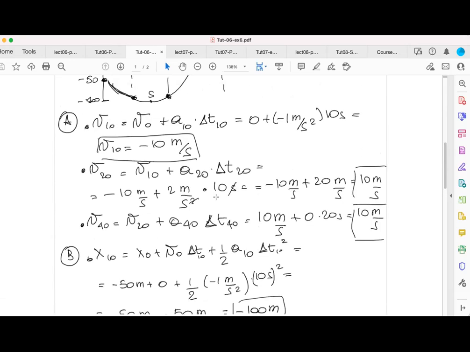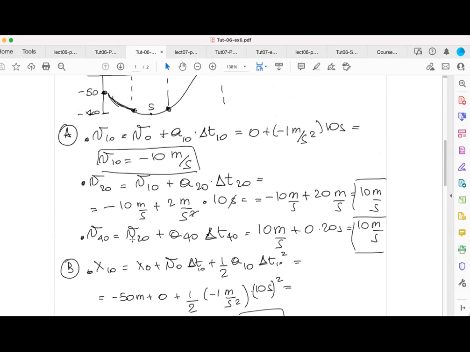So in this case, we have V20 plus the acceleration at 40, which we know is equal to 0 because we say that it's constant, multiplied by delta t. Delta t this time is going to be 20 seconds. So we write 10 meters per second plus 0 that multiplies 20 seconds, which is equal to 10 meters per second.